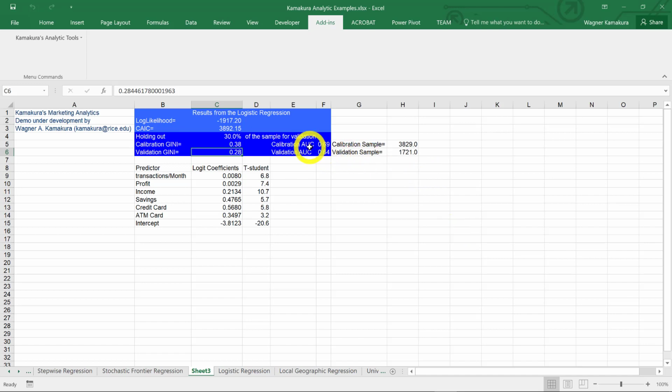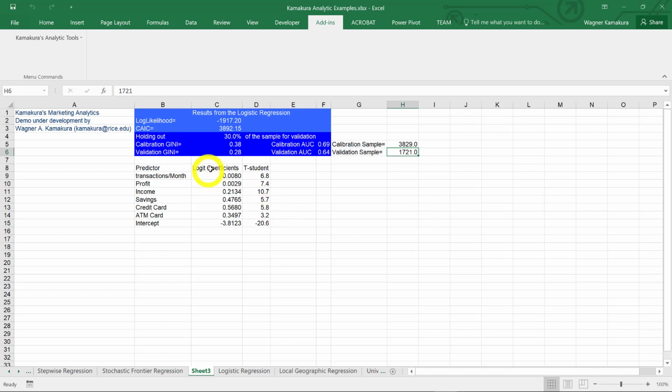AUC is the area under the curve calculated under the ROC curve, the Receiver Operating Characteristics curve. That's something also that you should Google if you want to know more about it. It is closely related to the Gini coefficient, but the way the chart is defined is different. So we calibrated the logistic regression on 3,829 observations, and we are validating it on 1,721 observations.